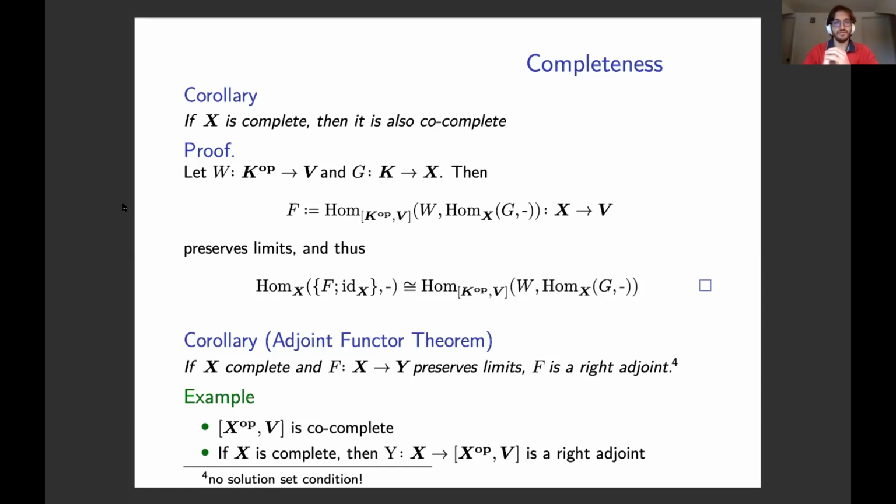So to sum up, what I try to show is that we would like to work, fundamentally, with small complete categories because they have very nice properties with respect to completeness.